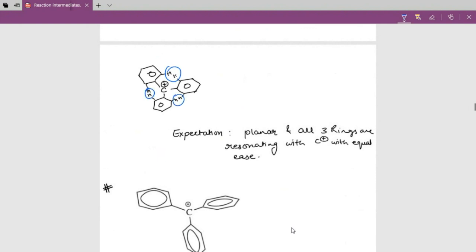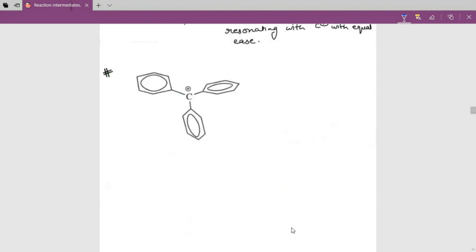Now, these rings cannot be in the same plane as each other. So as a result, they become non-planar, and they are basically, what should I say, propeller shaped. These structures are propeller shaped.